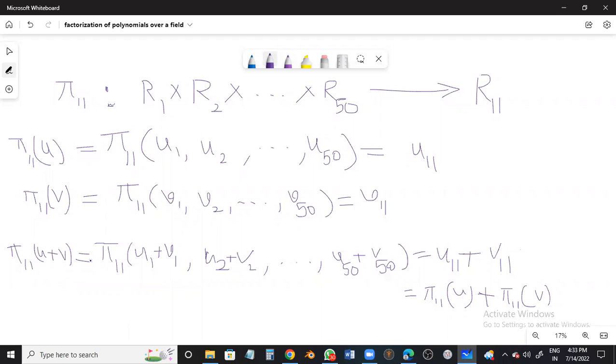And U11 itself is the output of pi 11 of U, and V11 was the output of pi 11 of V, as you are watching over here. So you can see this particular pi 11 preserves addition. Same way you may have pi 10, pi 19, pi 49, any. It ranges from 1 to 50 for us. Got me?